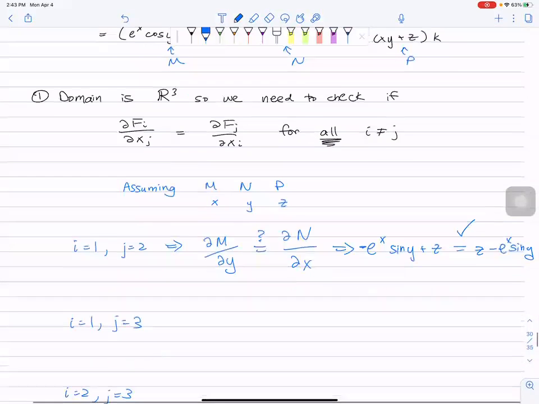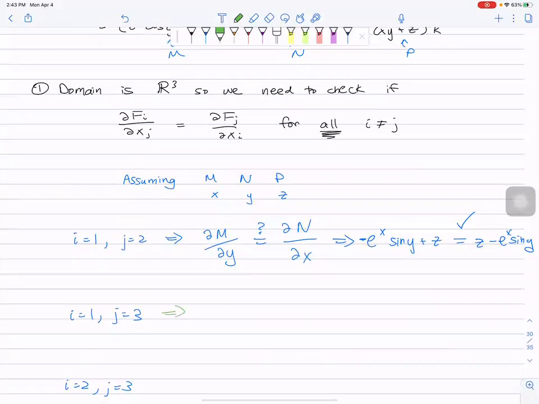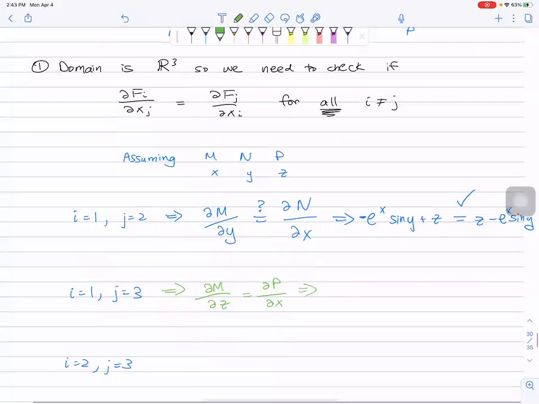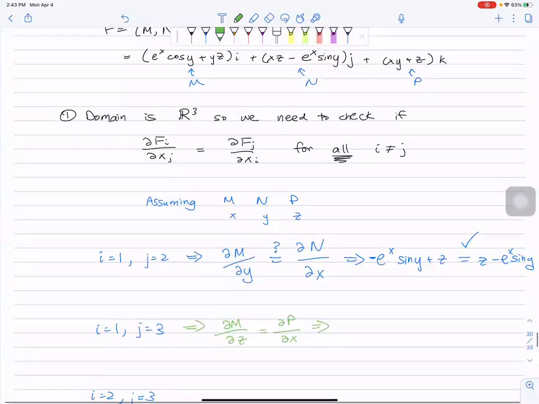Second criteria, i equals 1 and j equals 3. That's saying is the partial of m over z equal to the partial of p over x. p is our third thing. What is the partial of m with respect to z? There's only one z here, so that's y. p is this term.